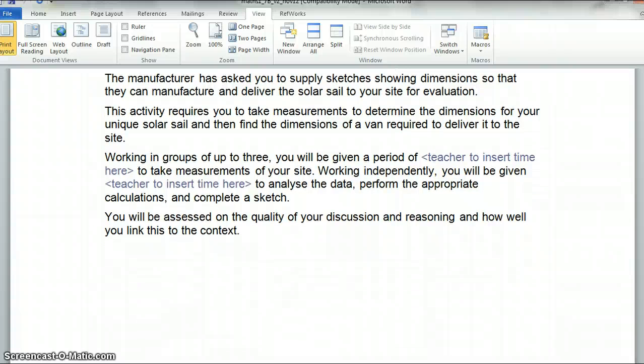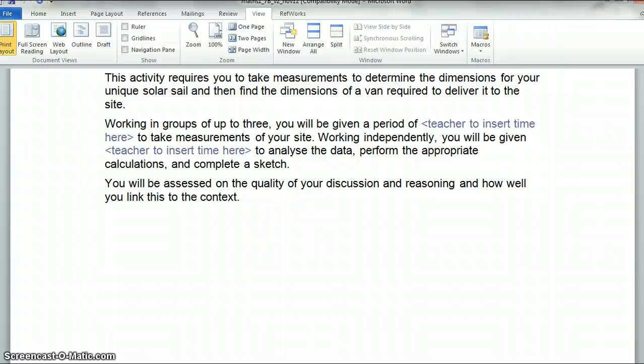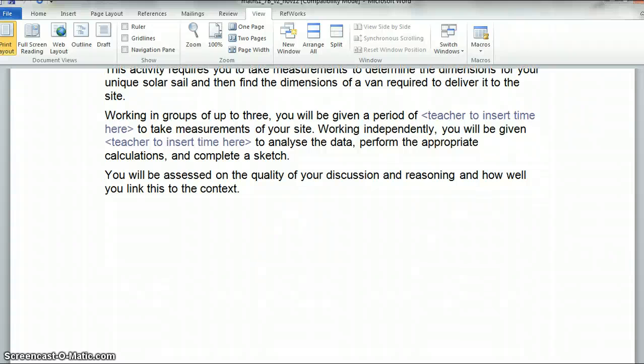The manufacturer has asked you to supply sketches, i.e. draw diagrams, showing dimensions so that they can manufacture and deliver the solar sail to your site for evaluation. The activity requires you to take measurements to determine the dimensions of your unique solar sail, and then find the dimensions of a van required to deliver it to the site.